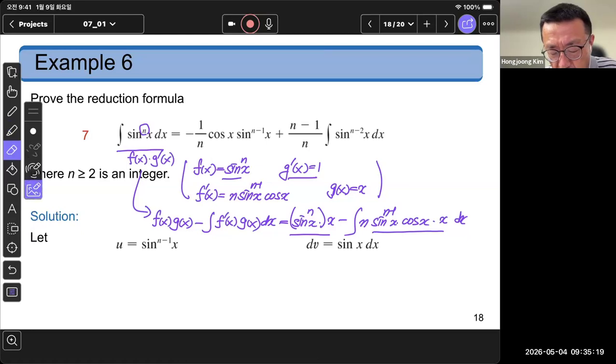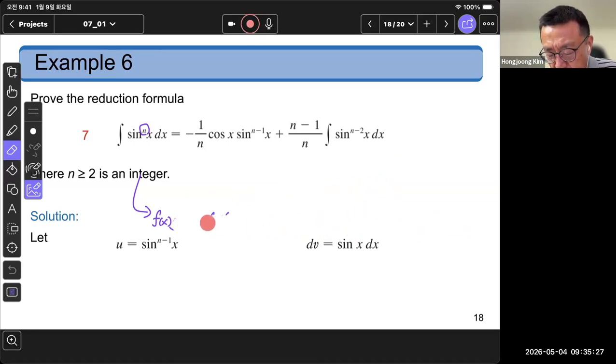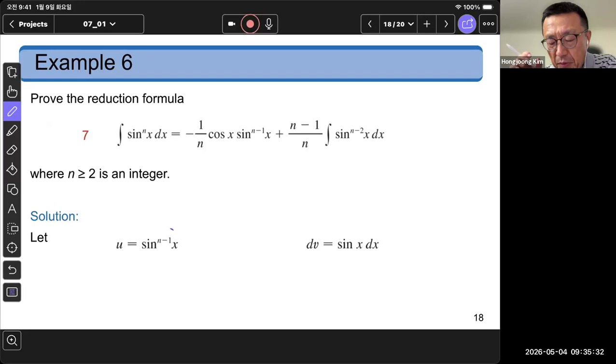So the next step is that I need to change f and g prime. How can I change this? In the case of sine x to the nth, if I differentiate sine x to the n, you get n times sine x to the n minus 1 times cosine x, and due to the 1, the problem becomes complicated.